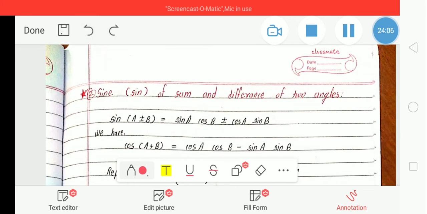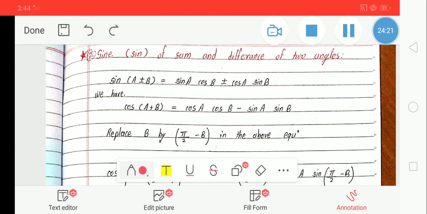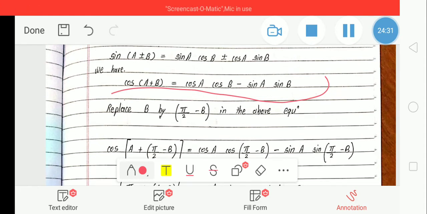Now the sine of the sum and difference of two angles. We are solving for sine. So sin(A plus B) is equal to sin A cos B plus cos A sin B. We have cos(A plus B) equal to cos A cos B minus sin A sin B. We replace B by pi by 2 minus B in this equation.